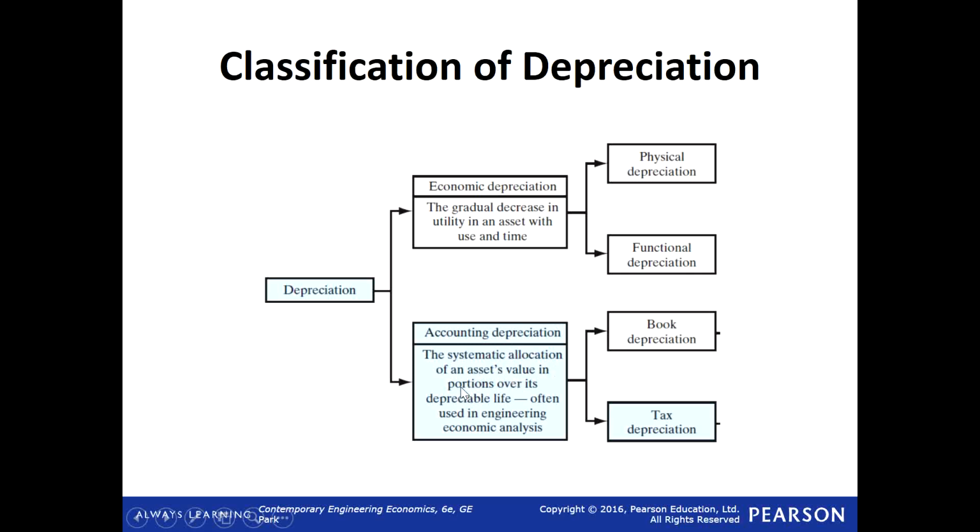And normally this accounting depreciation is for what we call fixed assets, right? Those assets which are capitalized. The cost of these assets is distributed, basically by dividing their cost as an income, right, as an expense item.